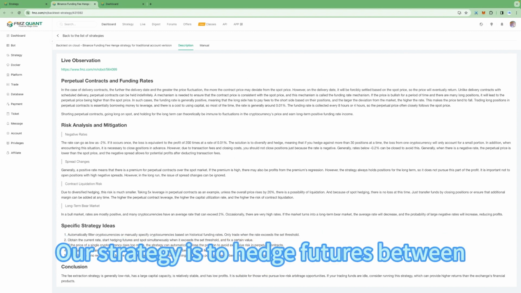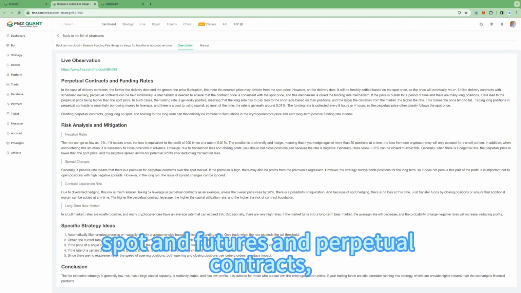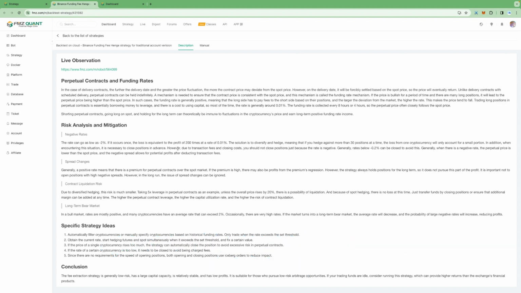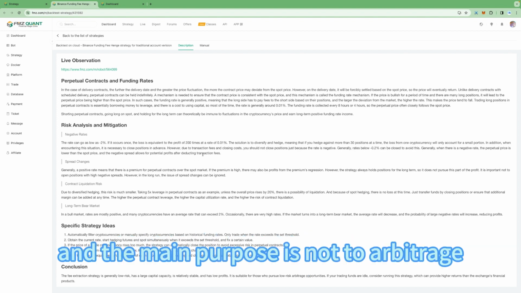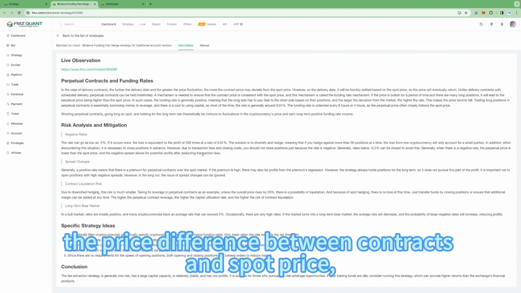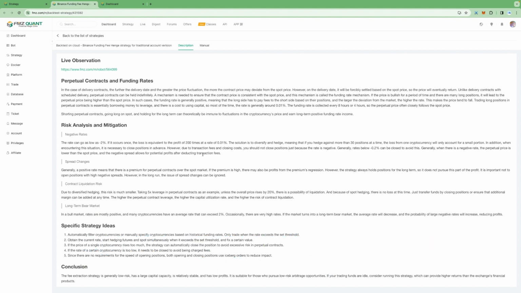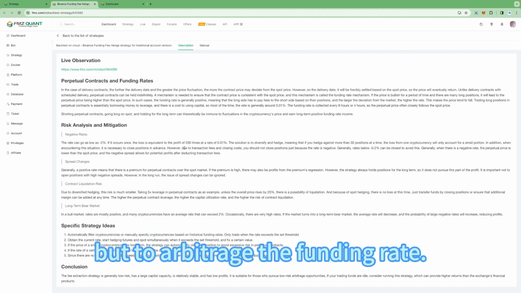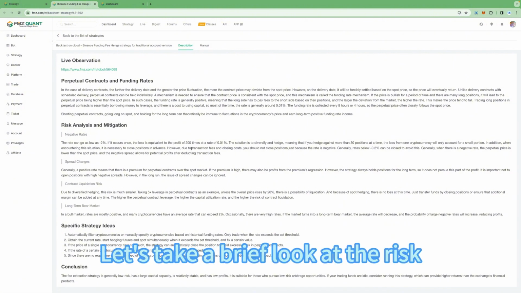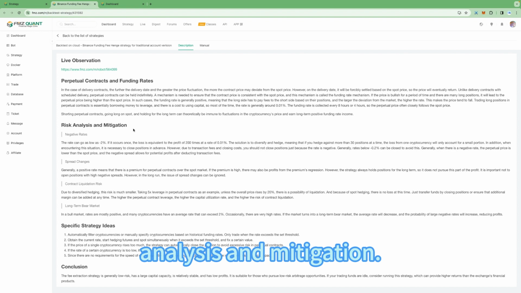Our strategy is to hedge between spot and perpetual contracts. The main purpose is not to arbitrage the price difference between contracts and spot price, but to arbitrage the funding rate.